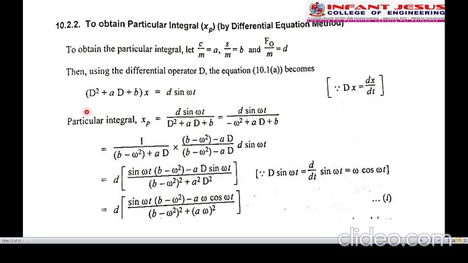The particular integral is d sin omega t divided by D square plus a D plus b. For D square we substitute minus omega square. I hope you have studied this in differential equations in the first year. So I am saying the steps you follow: minus omega square plus a D plus b.